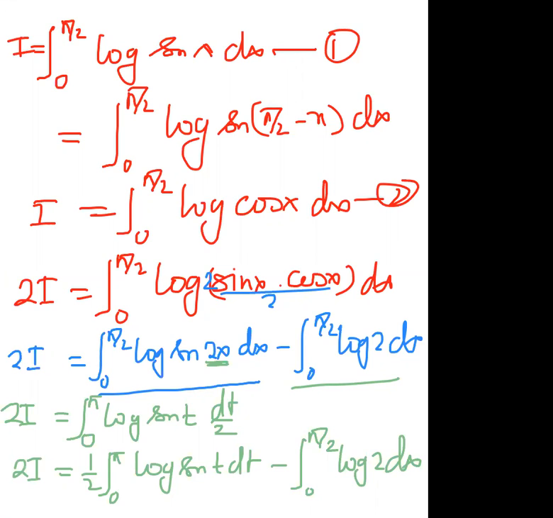Now I'm writing this to the next slide. So it is 2I equals to 1 by 2, 0 to pi, log sin t dt minus 1 minus 0 to pi by 2 log 2 dx.